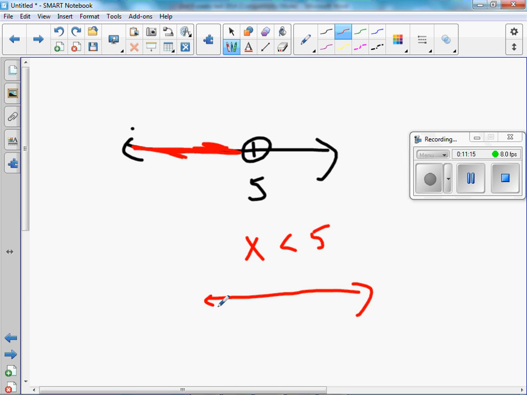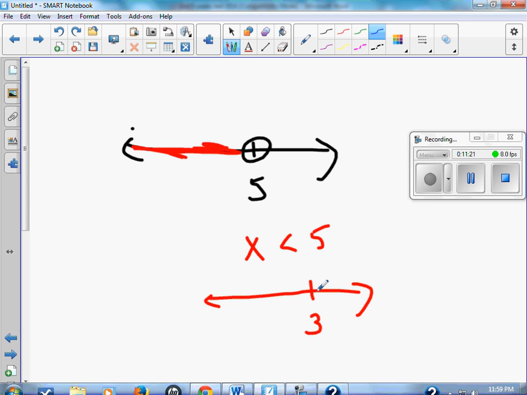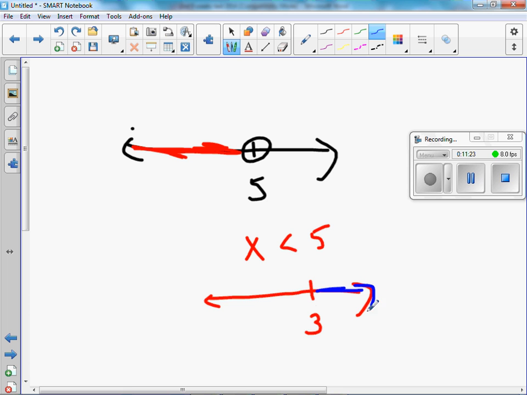But say I shade that in, and let's change it to a 3, and make it go this way, greater than. That states that x is greater than 3, and because it's shaded, x is equal to 3, the little line underneath. So x is greater than or equal to 3.